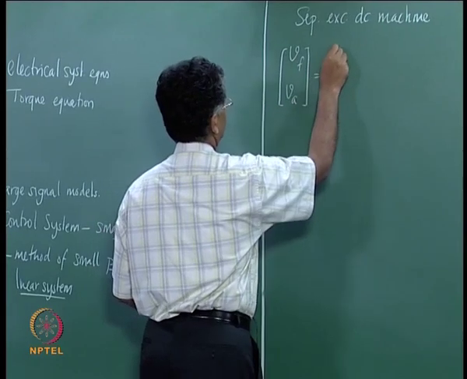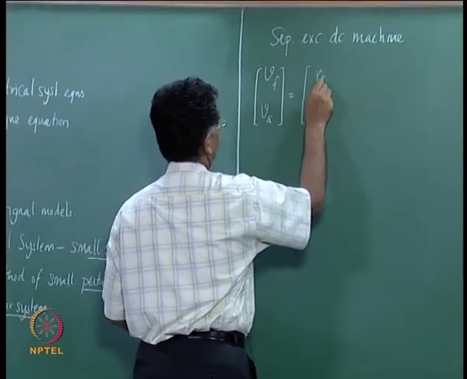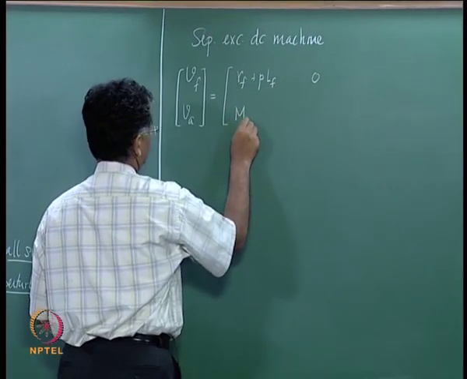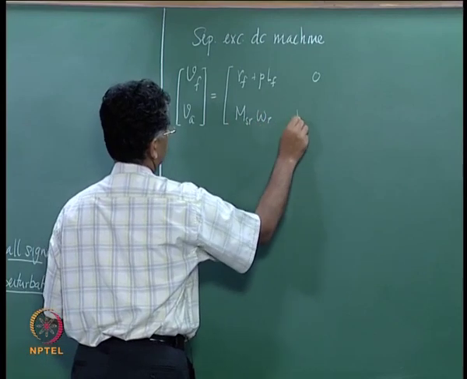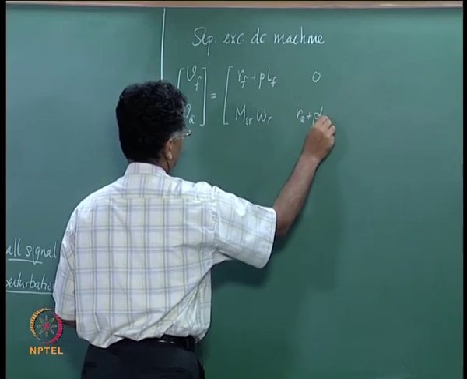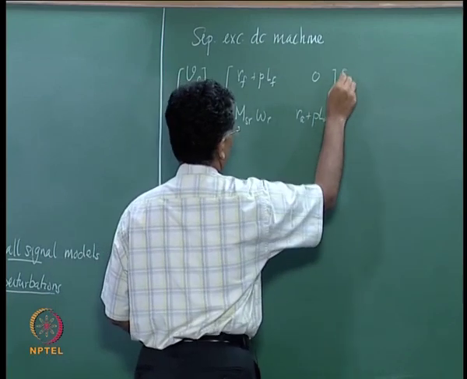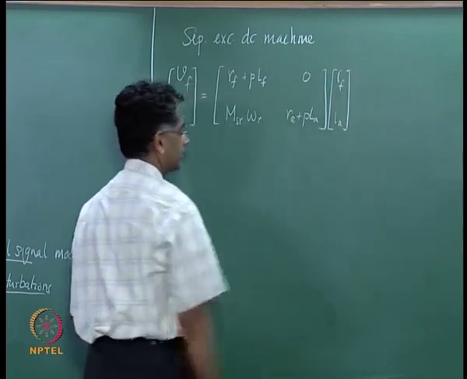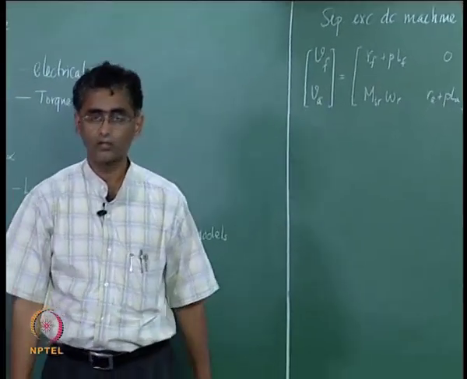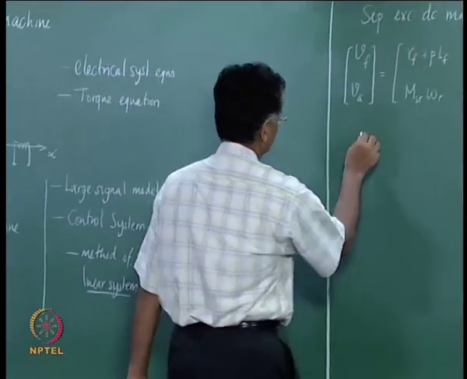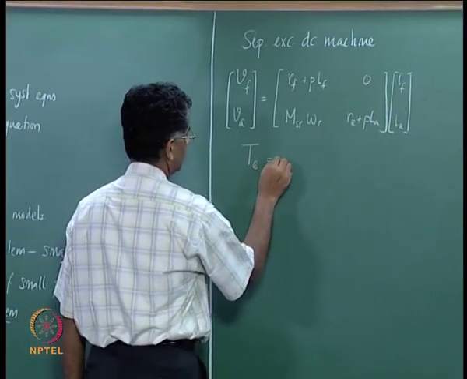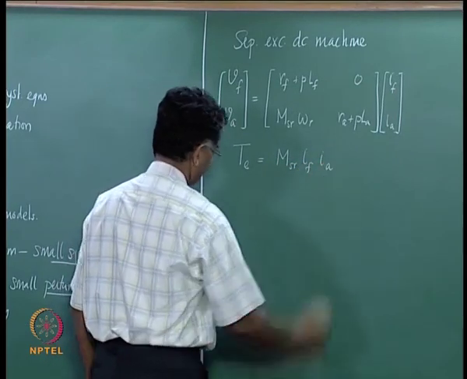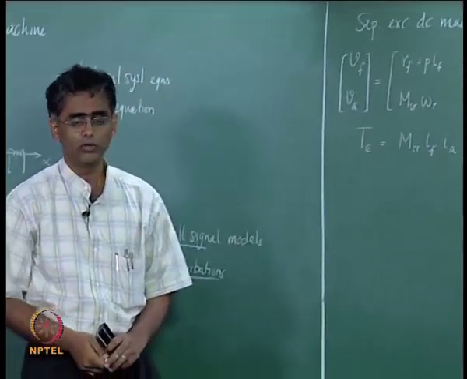This can then be written as Rf plus P times Lf, 0, MSR into omega R, and Ra plus P times La, multiplying the field current and the armature current. This equation we had already derived in the earlier lectures. Along with that, the generated electromagnetic torque Te is given by MSR into If into Ia.